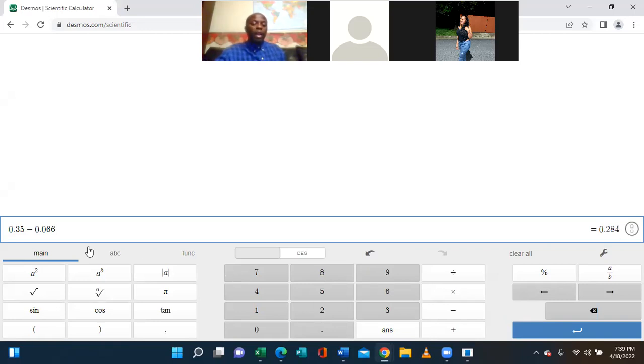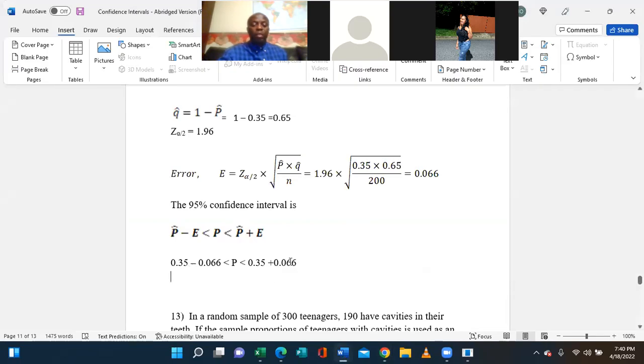Now we do the same thing, but add it this time. It gives the upper side, which is 0.416. So you can go back and put this in our main workbook, which is this one here. If you subtract, you get 0.284, less than P.